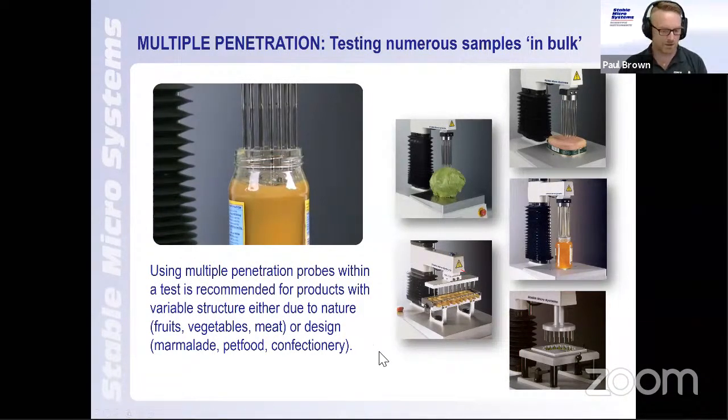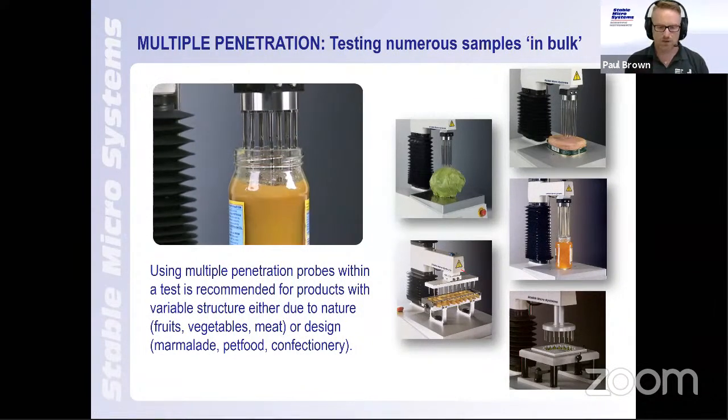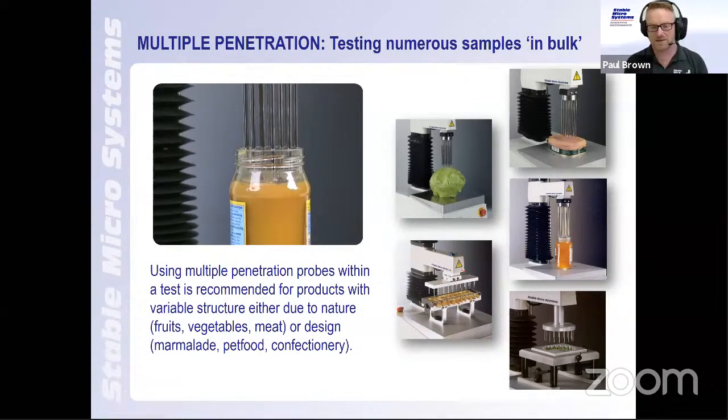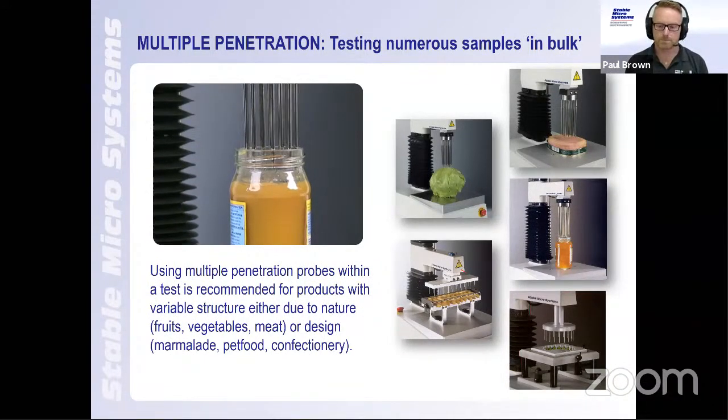French fries are not homogeneous. They're very irregular in shape and size. So if you test one fry and you test another fry, there could be a very different result. Testing them in bulk gives you a more repeatable test capability by using multiple punctures on multiple products simultaneously.